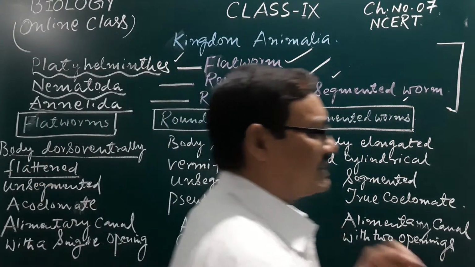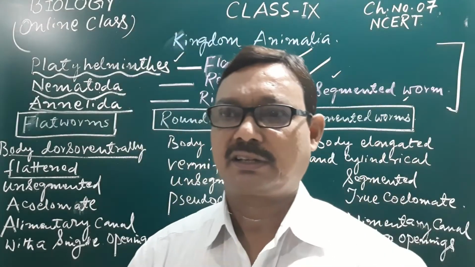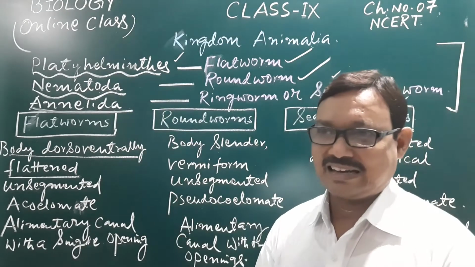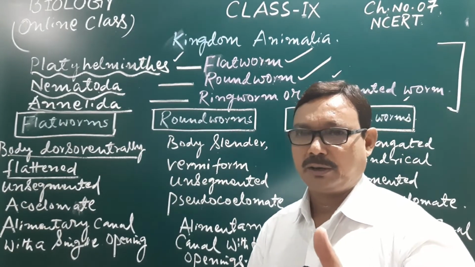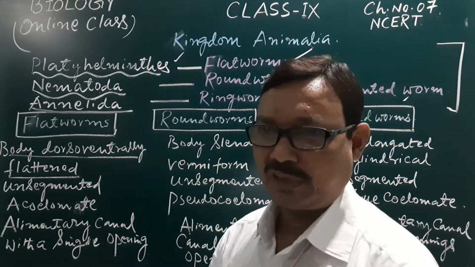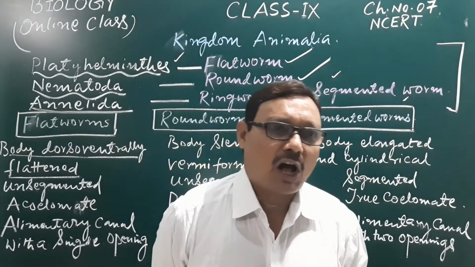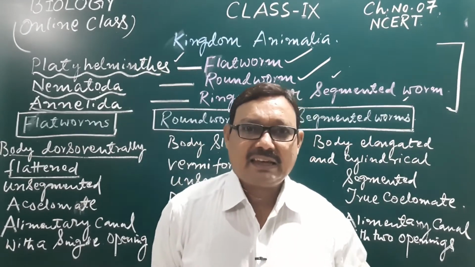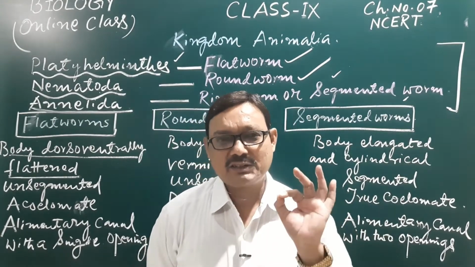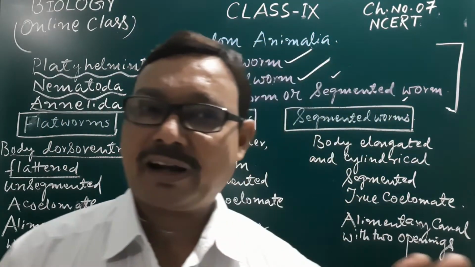And today we will also learn about the characteristic features of the phylum Protochordata, which is intermediate between the non-chordates and the chordates. In the earlier classes, you have studied how to recognize a chordate and a non-chordate. If there is presence of the notochord, that means it is a chordate.